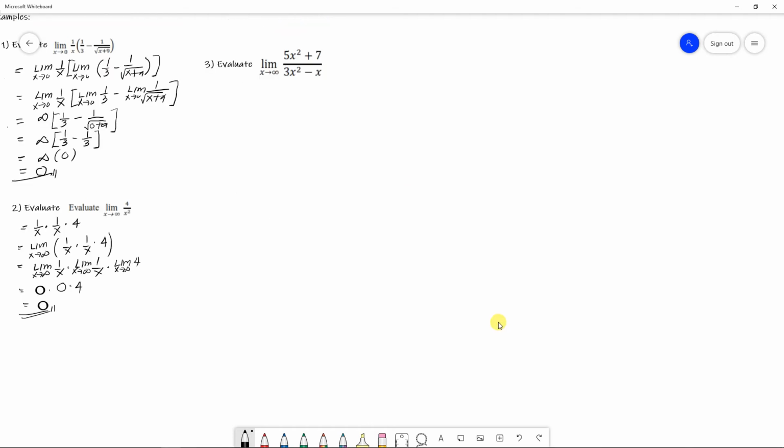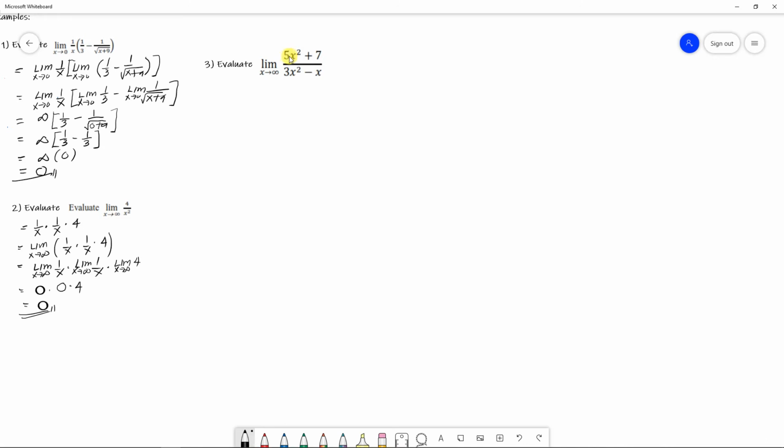Example number 3. Evaluate limits of 5x squared plus 7 divided by 3x squared minus x, where x approaches infinity. So by inspection again, if you're going to substitute the limits of infinity to both numerator and denominator, so sa numerator, magiging infinity, no?